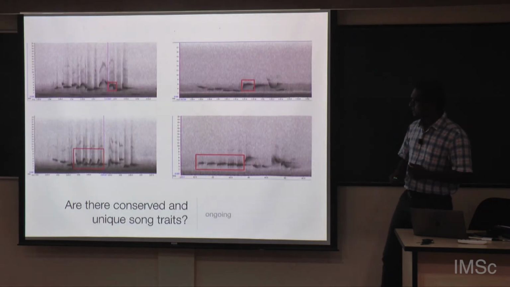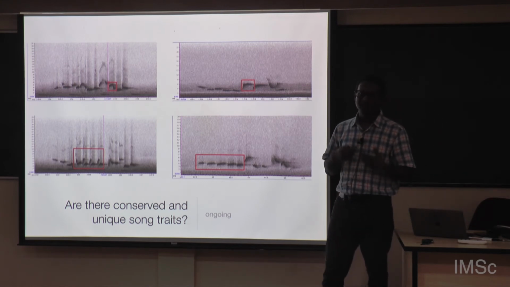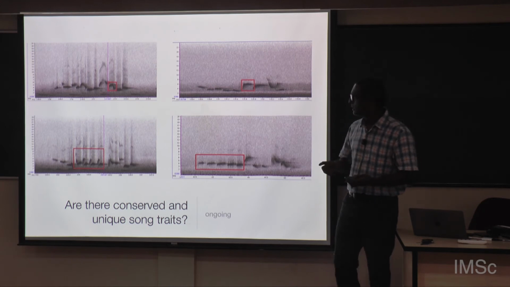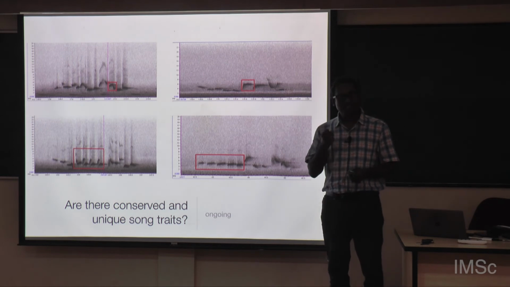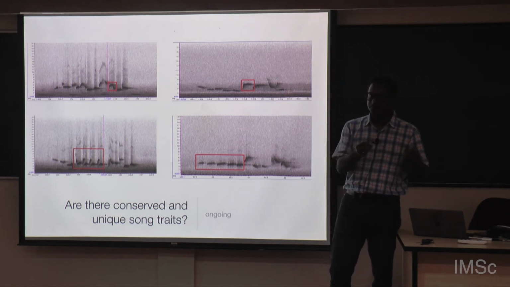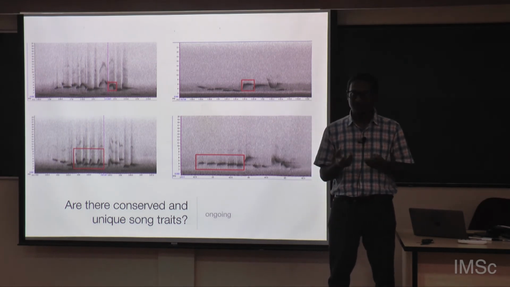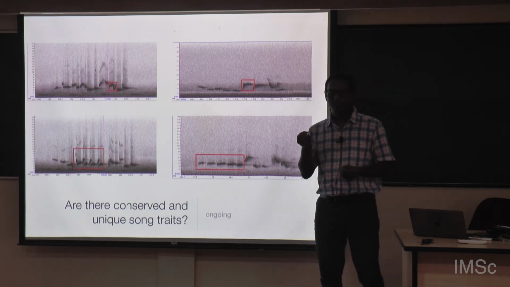So now what we are trying to do is take this analysis a little bit forward by trying to find out if there are any unique signatures of song in some populations. To give you an example from human language, you can think of the alphabet, right?